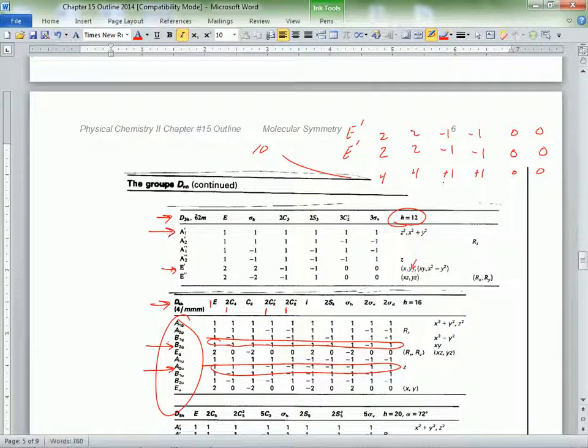The sum of all its characters is going to be how many? There's going to be 12 total, because we have to remember there's 3 here, 3 here, 2 here, 2 here. But everything's 1, so you pretty much just look up here and see the sum of the characters for A1. You always look there, because it's always 1s.